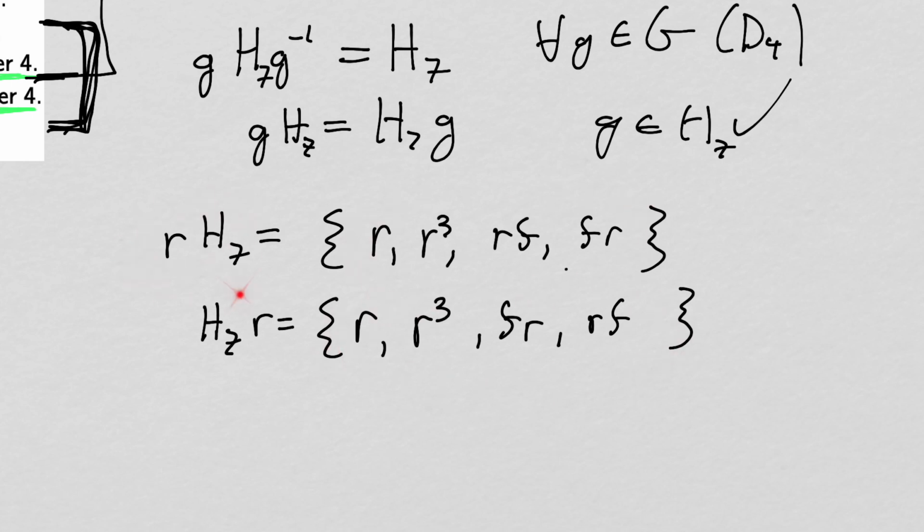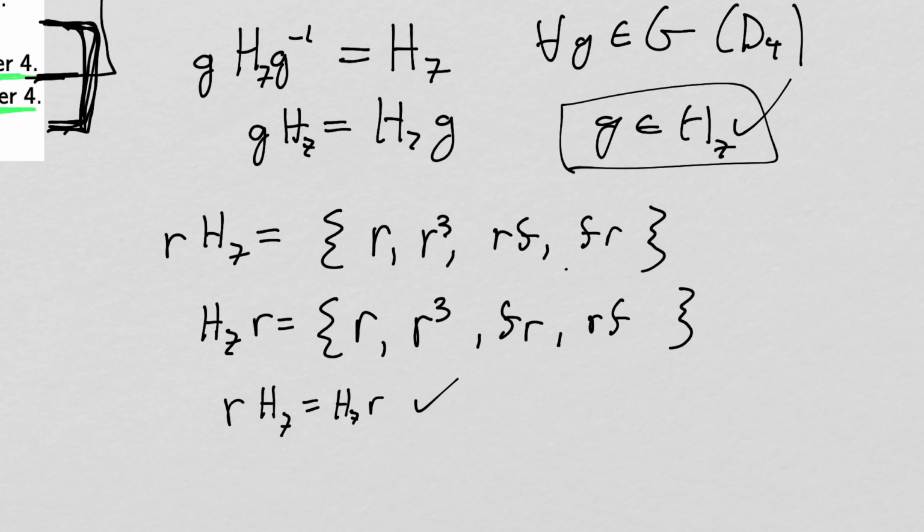So R does, in fact, have the property that R H7 equals H7 R, right? So it does have that property. Now, we're not quite out of the woods because this has to be true for all g, right? Well, not for all g in H7. This has to be true for all little g in D4, right?